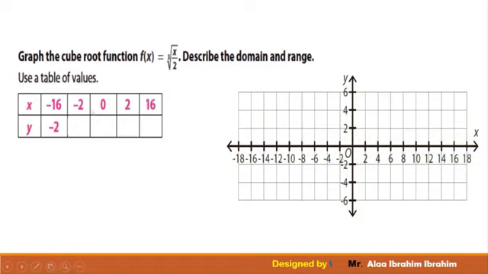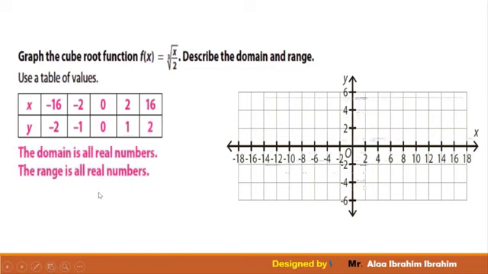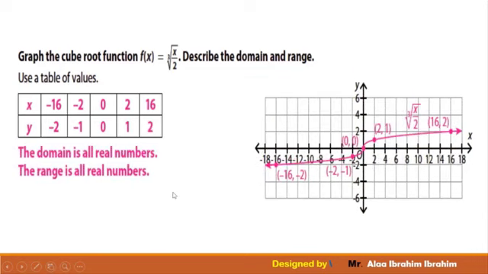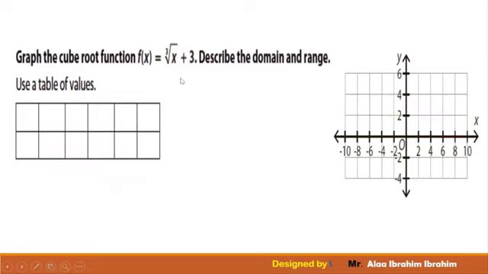So we take the left side and right side with the cubic root, with positive and negative, to be easy and clear at the same time. So my domain, I told you, is all real numbers, and the sketch will be like this. Again, cubic root, so we have to take numbers that have a cubic root like this, not any number. We have specific numbers like negative 8, negative 1, 0, 1, and 8.